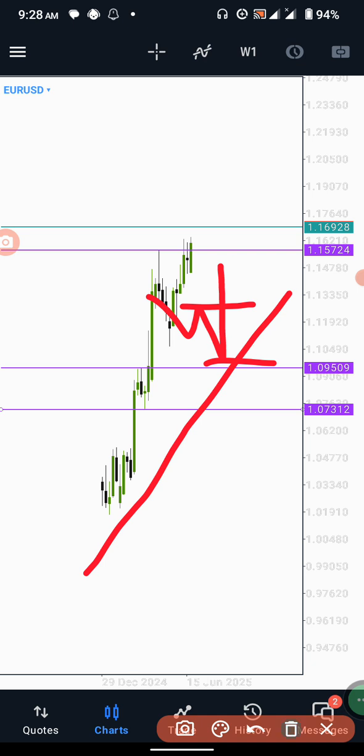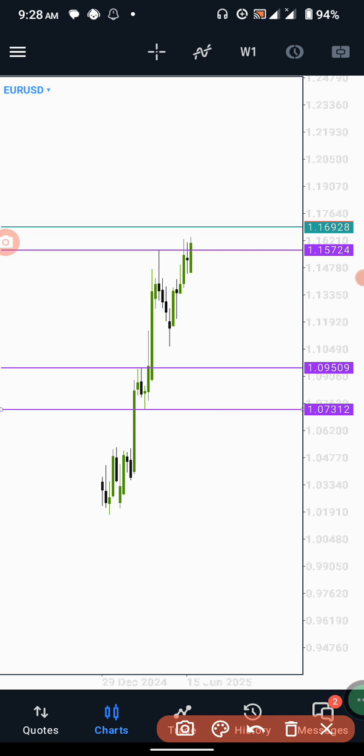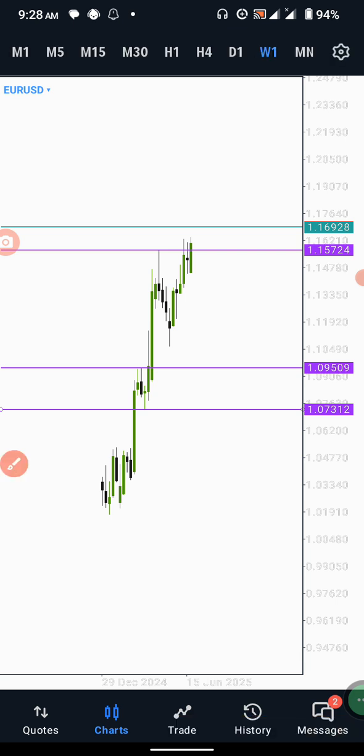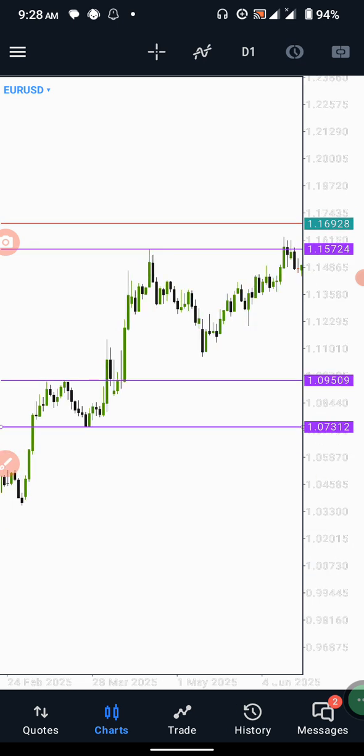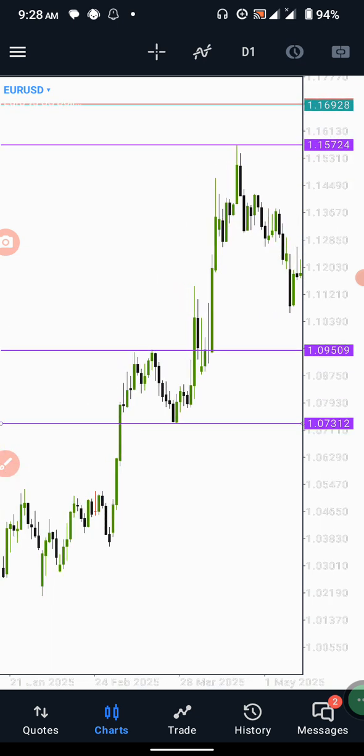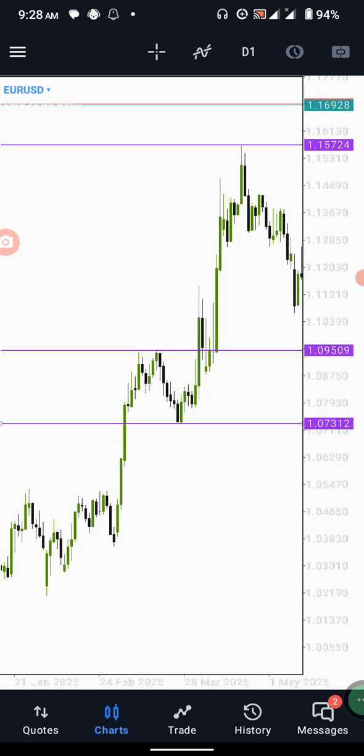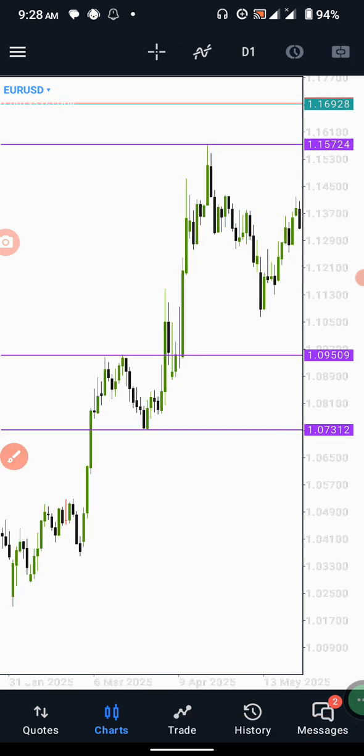Okay, so now let us dive deeper in daily. After diving deeper in daily, as you see, that was the retracement I told you about. So now we are supposed to wait for, if you remember, yes, that shift.